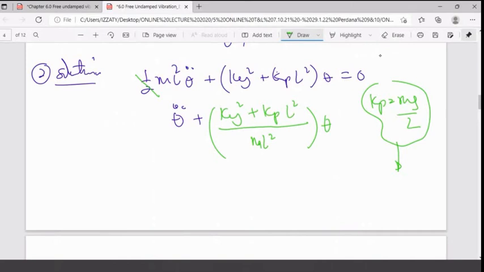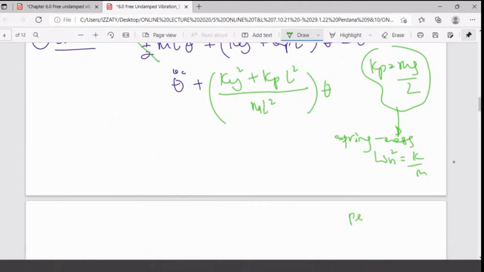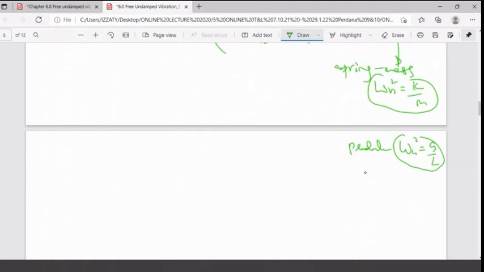If you remember what we learned earlier, for spring mass you have omega n square equal to k by m, and for the pendulum you have omega n square equal to g by l. So you equate these equations, and k by m equals g by l. So if you want to design this one, put in kp. So you have this equation.